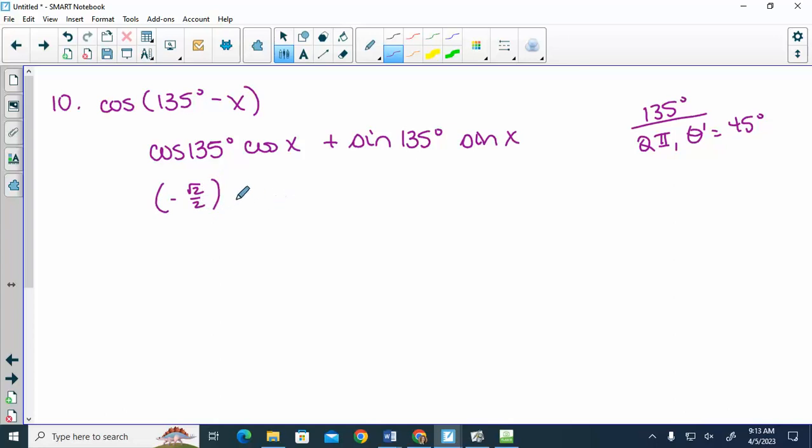Okay, x, so we just leave it. Sine of 135 in quadrant 2, sine is positive. Sine of 45 is radical 2 over 2, sine x. So really, there's not much more you can do. So if you left it like this, that's fine. Any questions there?